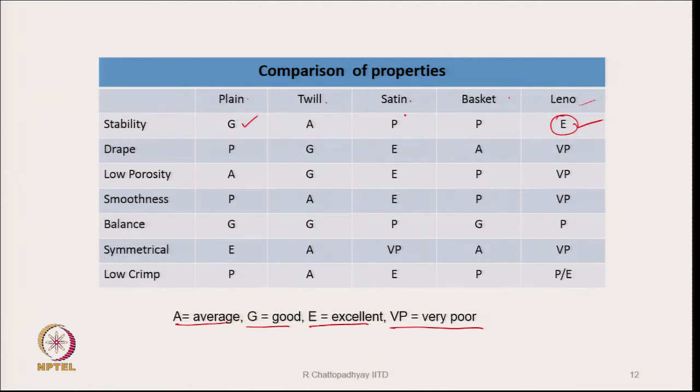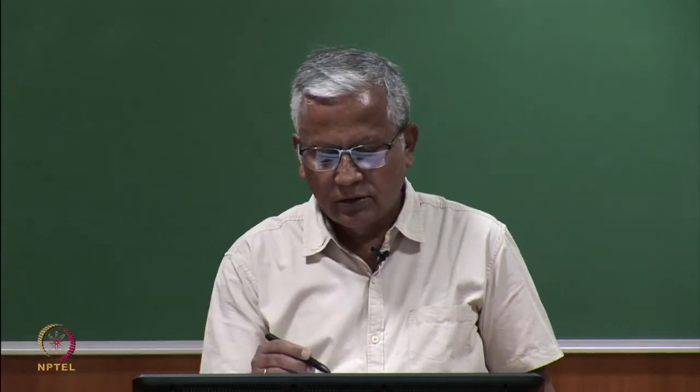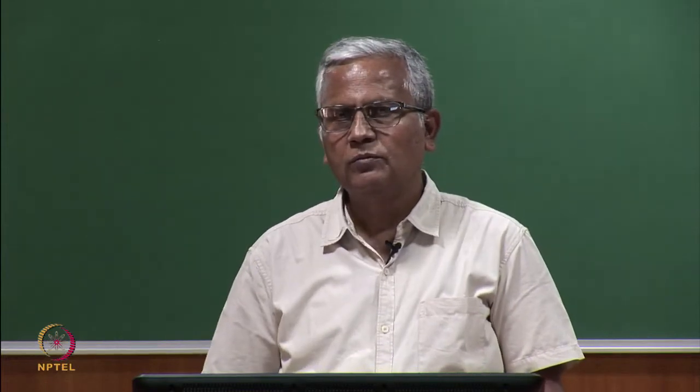Such kind of comparative statements about the properties of fabrics can help the designer in choosing which type of weave he or she has to select for a given application.